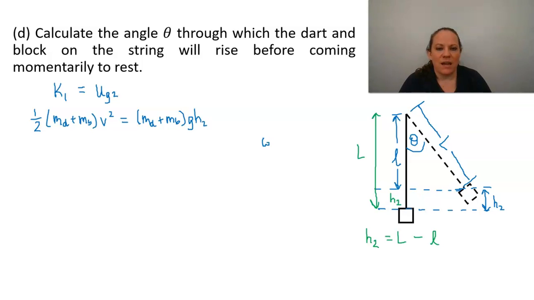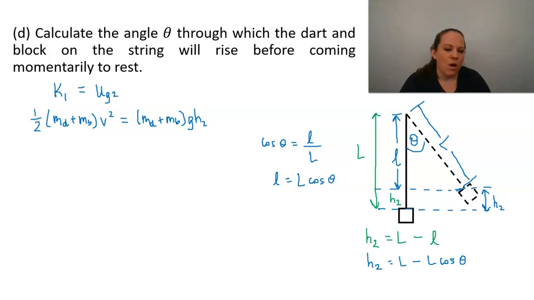So the cosine of theta will be equal to the adjacent side, which is lowercase l, divided by the hypotenuse, which is capital L. So we can say that this lowercase l will be equal to capital L times cosine theta. So now we can come back down here to get our height: capital L minus capital L cosine theta.